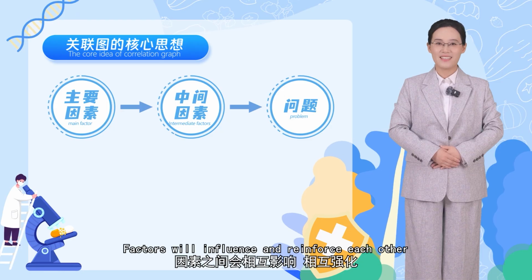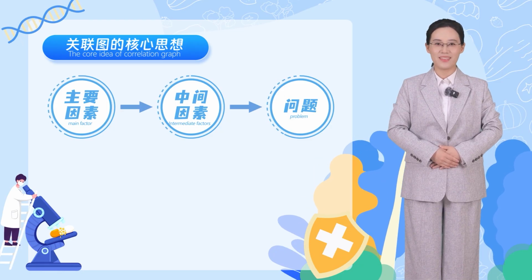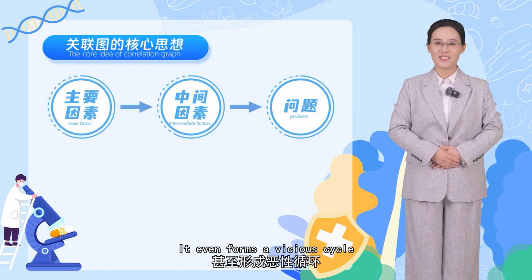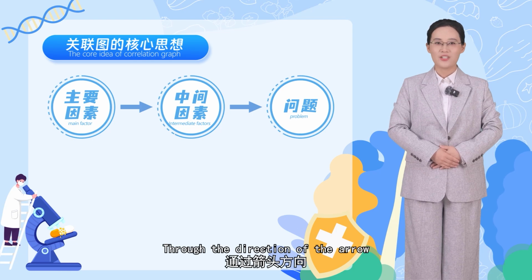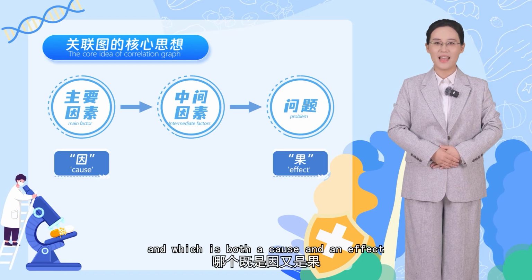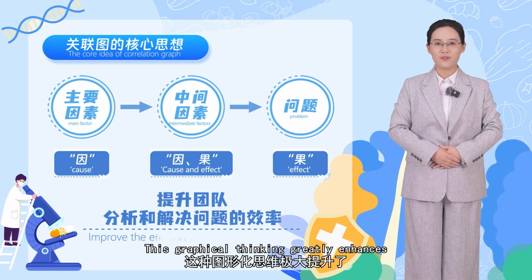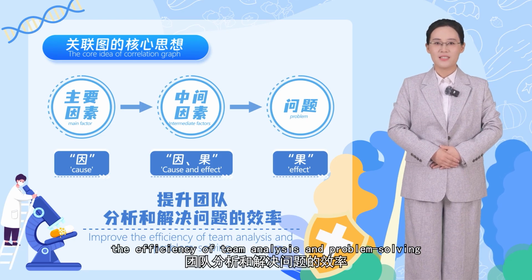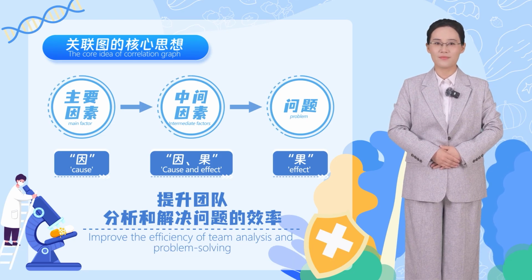Factors will influence and reinforce each other. It even forms a vicious cycle. Through the direction of the arrow, we can clearly distinguish which is the cause, which is the effect, and which is both a cause and an effect. This graphical thinking greatly enhances the efficiency of team analysis and problem solving.